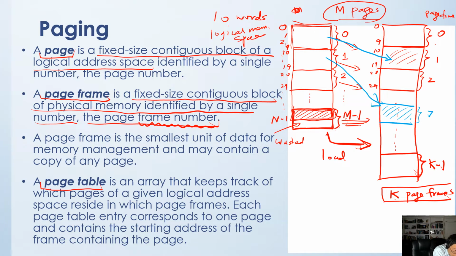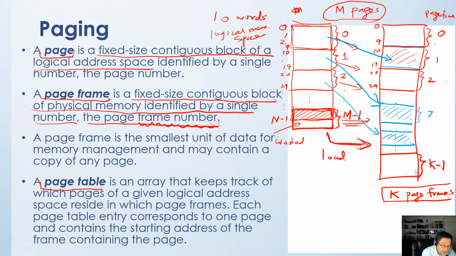And then you can map page number 2 to another frame. So as long as we find m page frames and map all m pages into the m page frames, then we complete the loading of the program. And the good news is that these m frames don't have to be in the same memory location. They could be scattered all over the place.